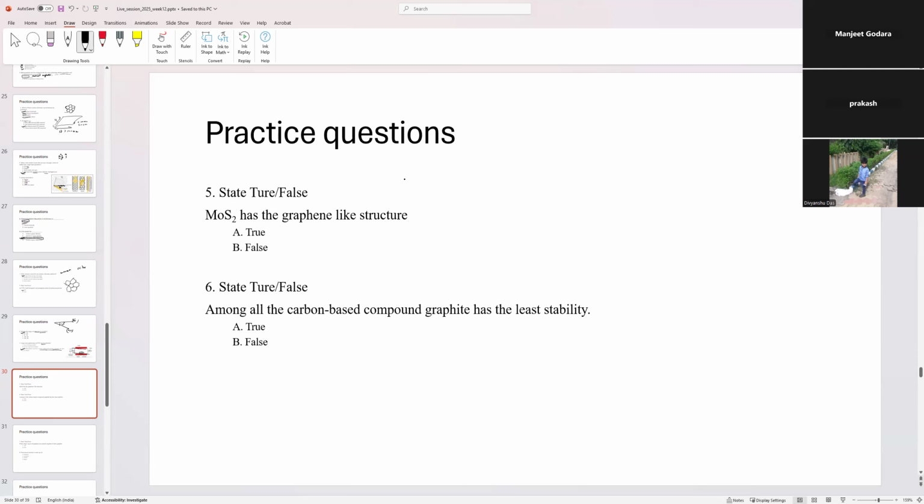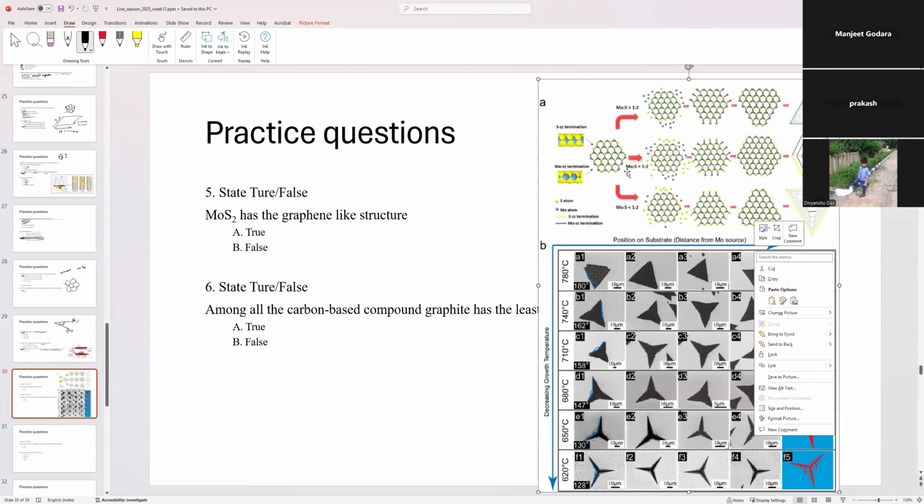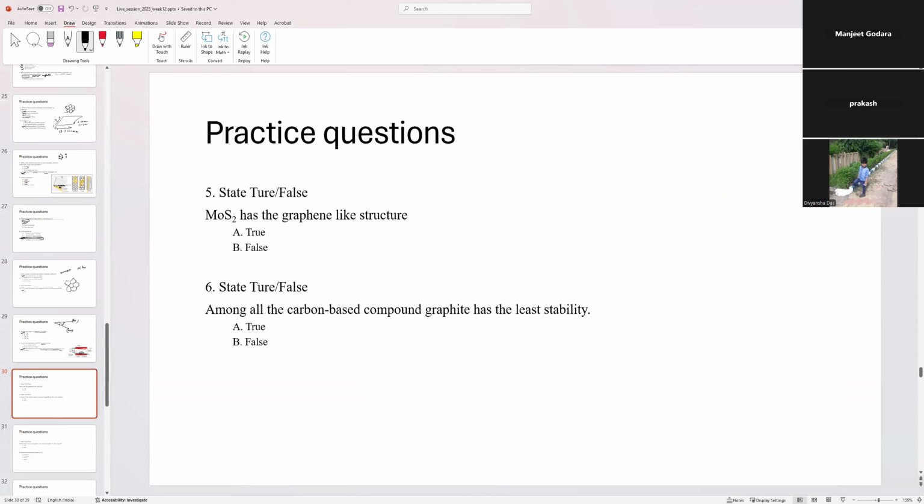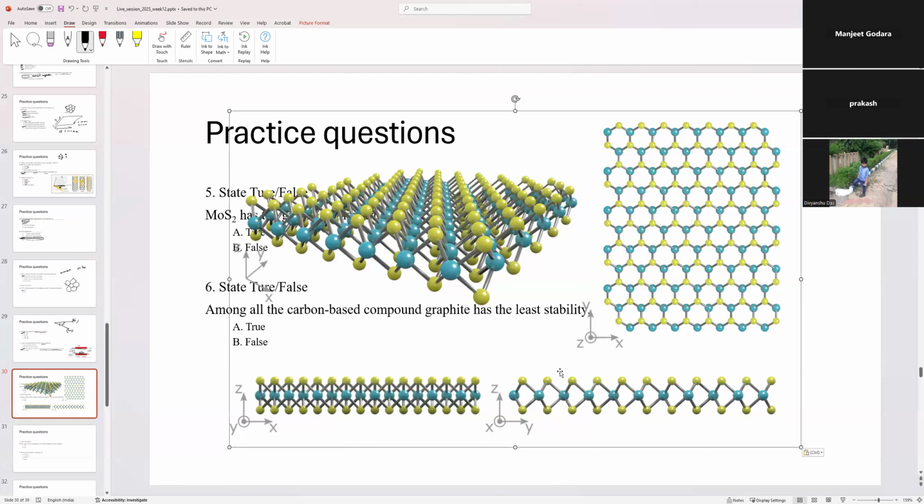MoS2 has a graphene-like structure. Here we have MoS2.